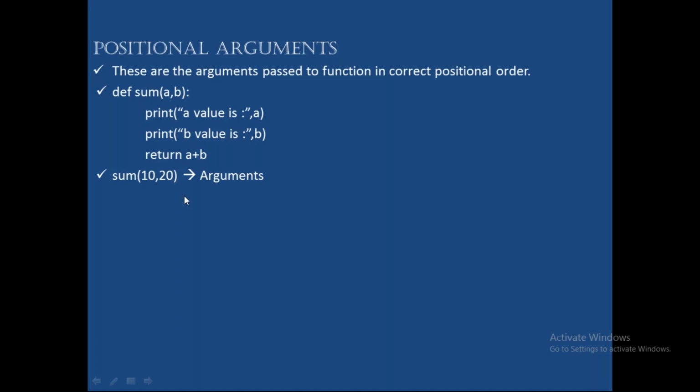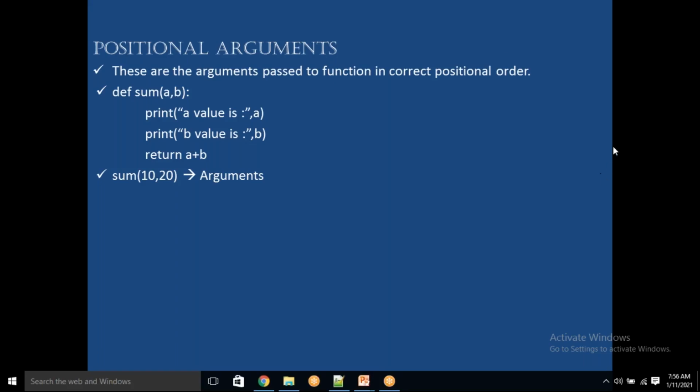A value 10, sir. B value 20. Very good. You can tell a value is 10 and b value is 20 based on position, because the first value goes to the first parameter, and the second value goes to the second parameter.